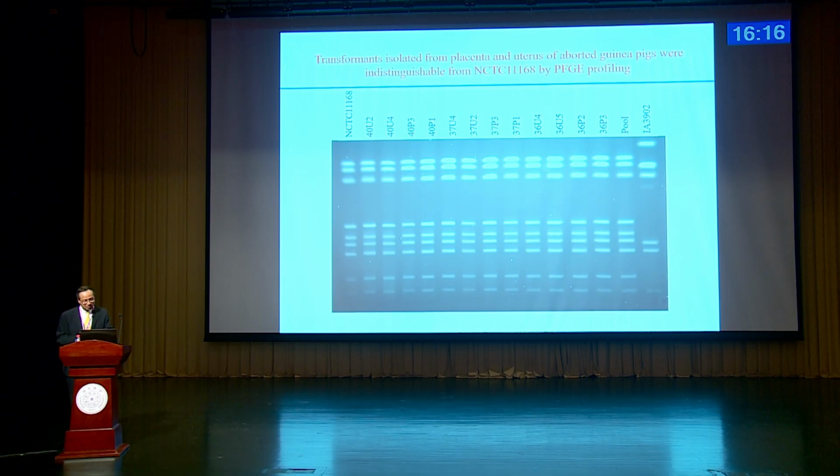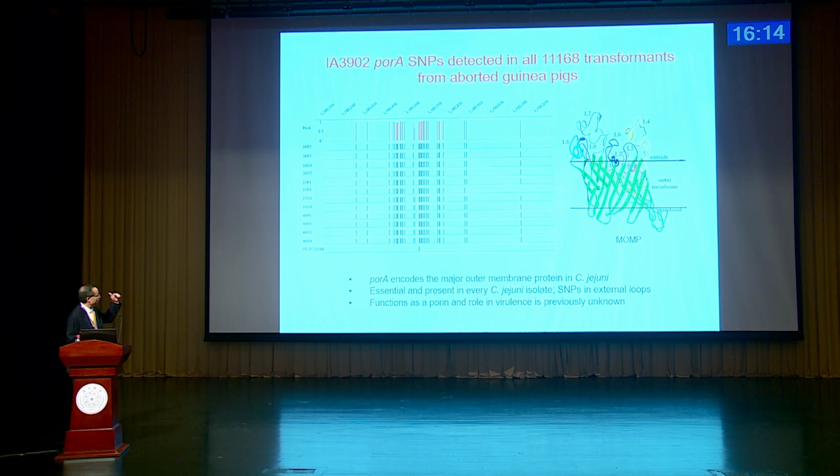chromosome. But when we did whole genome sequencing and compared the genomic analysis, we identified all these transformants, individual ones and pooled transformants from aborted placenta tissues. They all carry mutations in a single gene, which is porA, encoding the major outer membrane protein in Campylobacter.